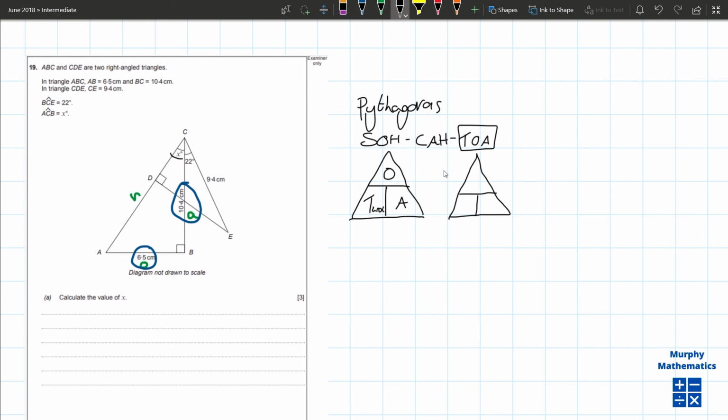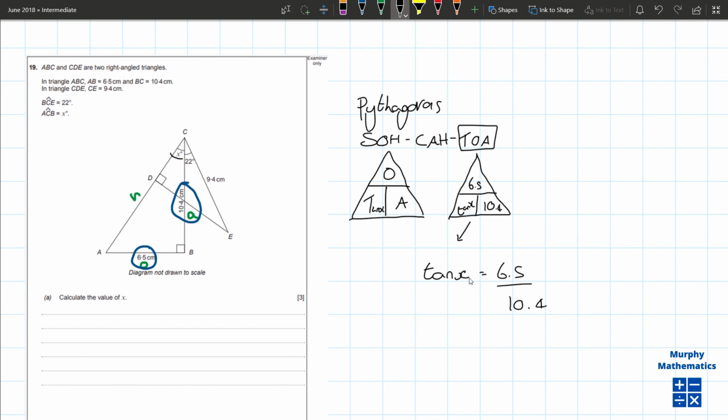So O is 6.5, A is 10.4, and we've got tan x in here. Great. So now I'm going to write this out properly. So I've got tan x equals 6.5 over 10.4.